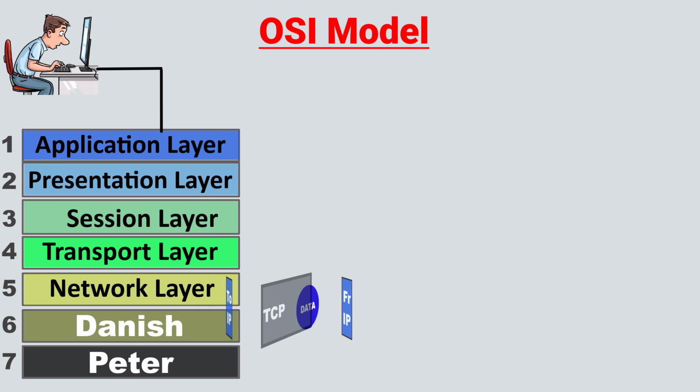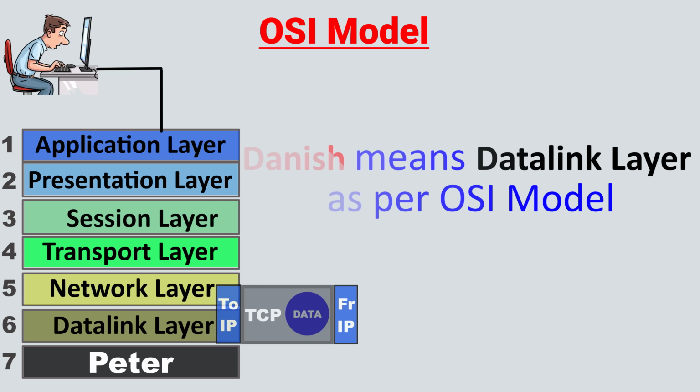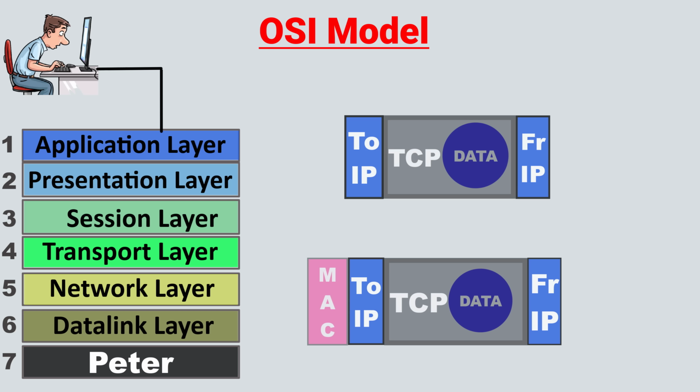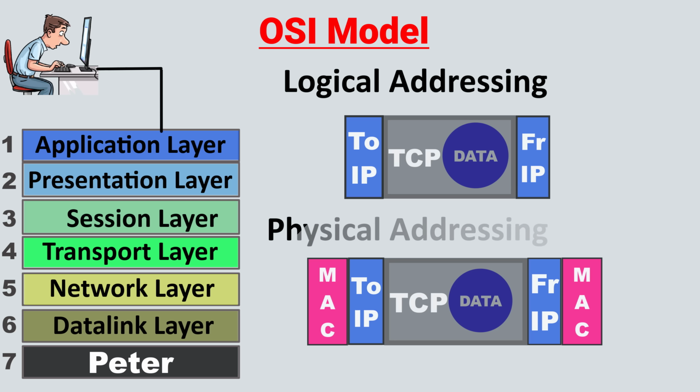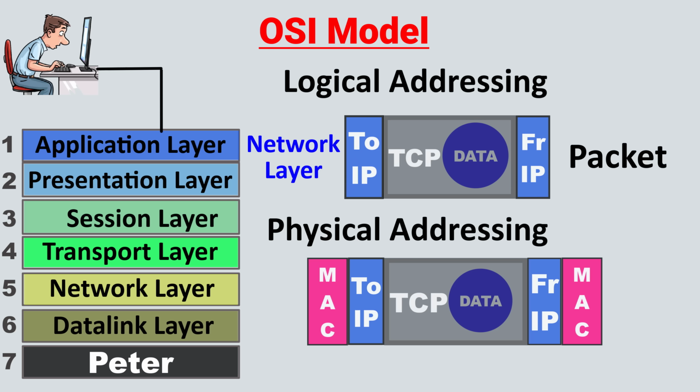The network layer sends data in the form of packets to the data link layer. So in the story, Noor sent the packet to Danish. Danish means the data link layer as per the OSI model, and in reality what the data link layer does is add the sender and receiver MAC address on each packet. There are two types of addressing in a network: logical addressing and physical addressing. Logical addressing is done on the network layer, where sender and receiver IP addresses are assigned to each segment to form a data packet.